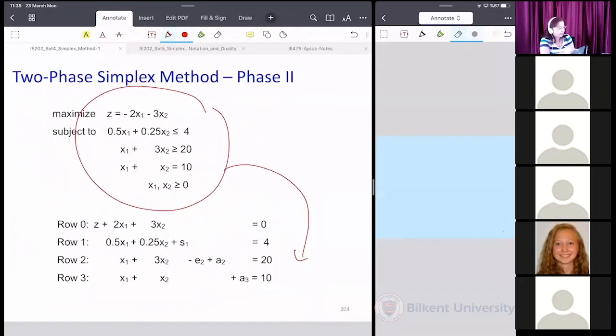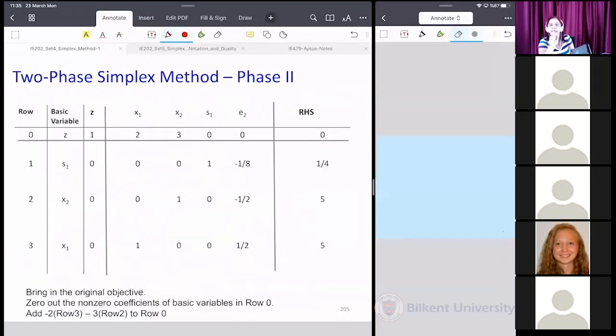So we're going to bring back our original objective function, which becomes like this in its row 0, and we'll put it in our simplex table. Because now I do have this identity, that's what you need to start with. I do have an identity matrix, so S1, X2, and X1 altogether will give me a starting basic feasible solution.